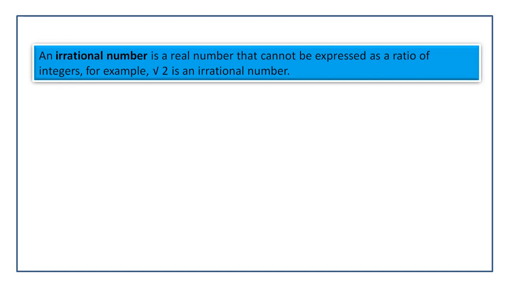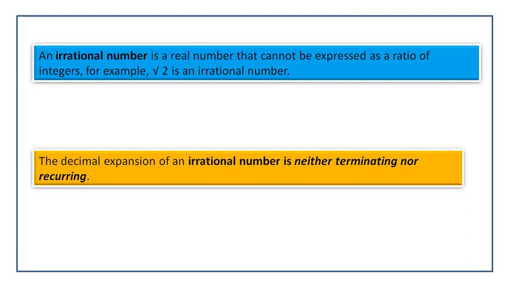So the examples we can say are square root 2, square root 3, but not square root 4. Square root 5, square root 6, etc. These are the examples of an irrational number. The decimal expansion of an irrational number is neither terminating nor recurring.